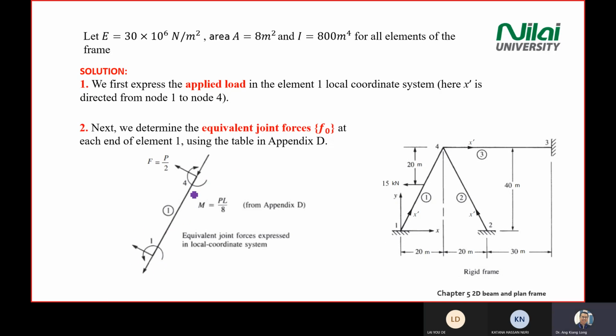Can you relate Appendix D and the situation we have here? Are you able to relate Appendix D and this question? Yes. Confirm, if you're not sure, let me know. Katana, you sure or not? You sure you understand?